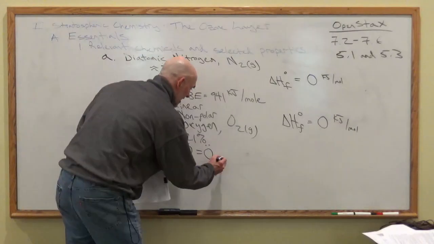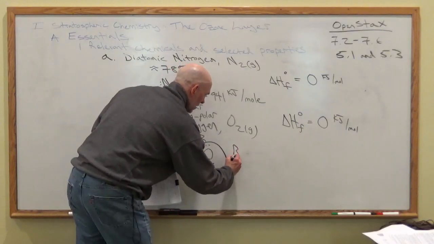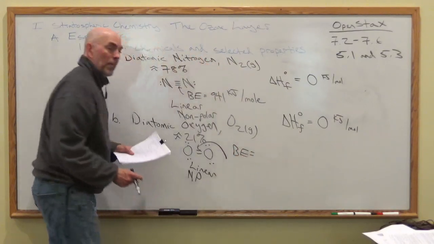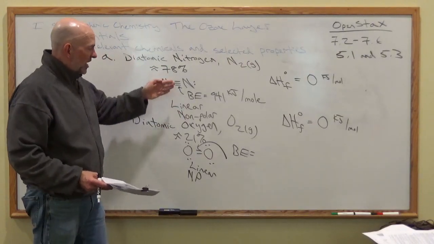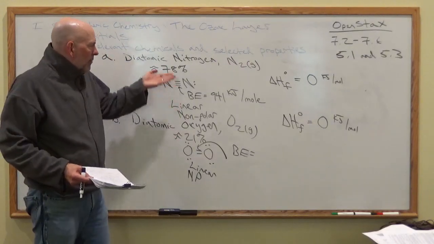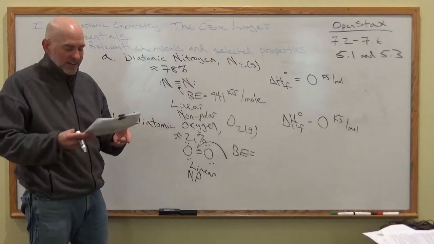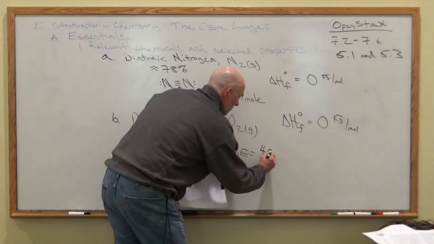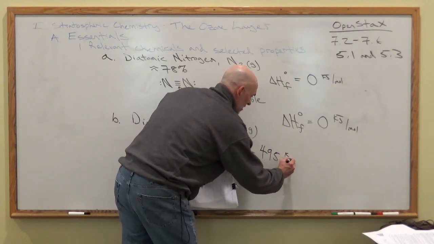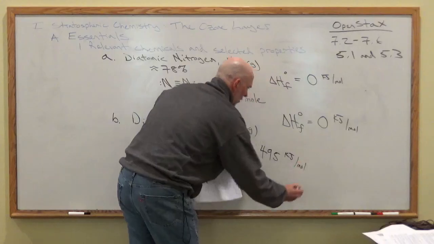And looking at the bond energy here, it's not as strong of a bond. It doesn't take as much energy to break this bond as it does the nitrogen. It might stand to reason. This is a double bond, that's a triple bond. It just intuitively sounds like it's a weaker bond, and indeed it is. The bond energy there is 495 kilojoules per mole.